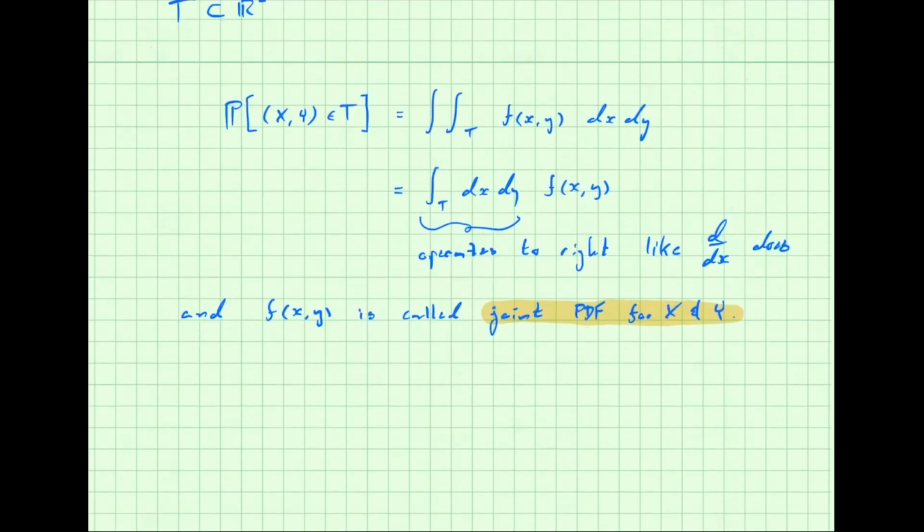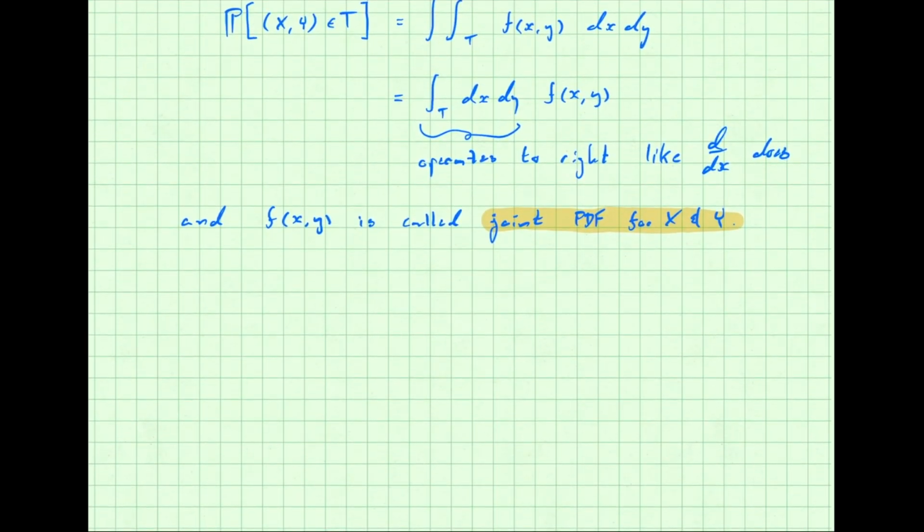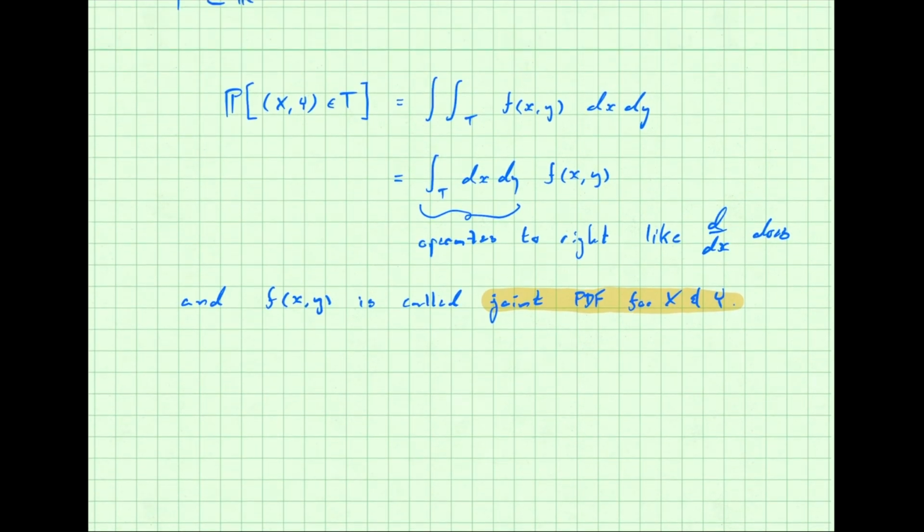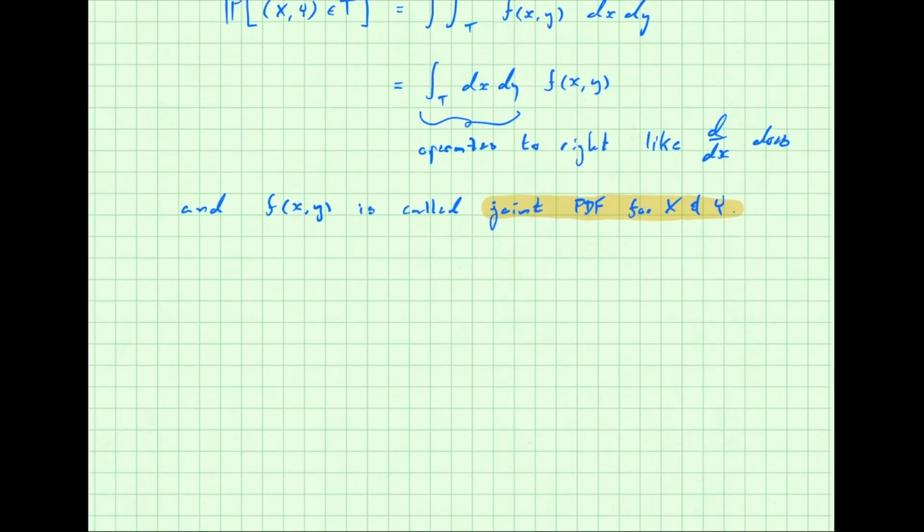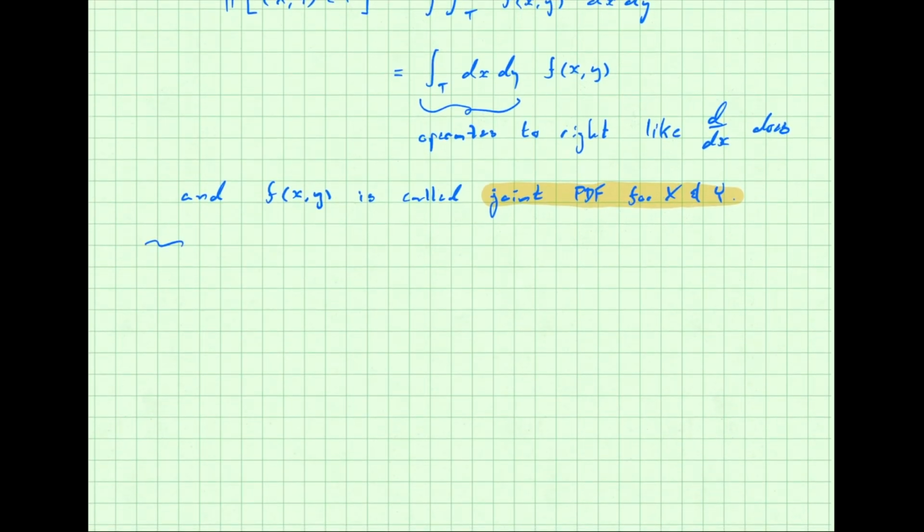All right, so what you want to think of here, if you think about what this integral is, is that f of x and y is like a surface. This is just an aside. The surface f of x and y is like a probability per unit area, per unit xy area.